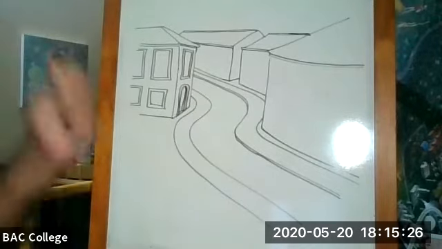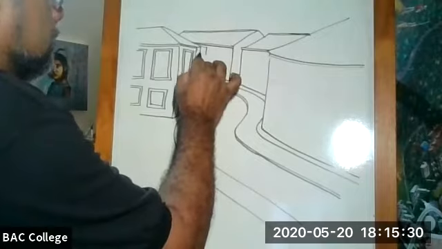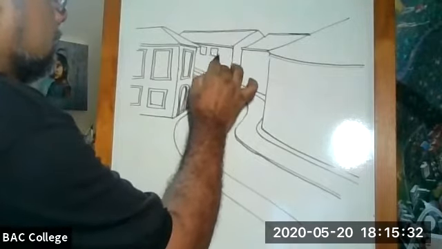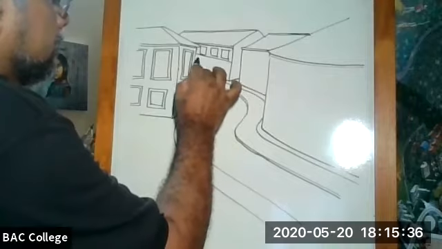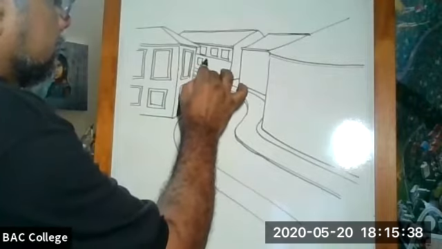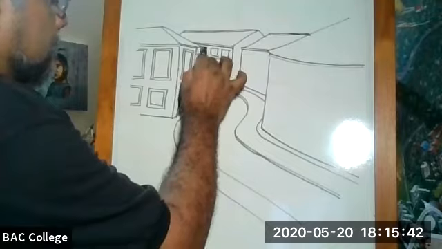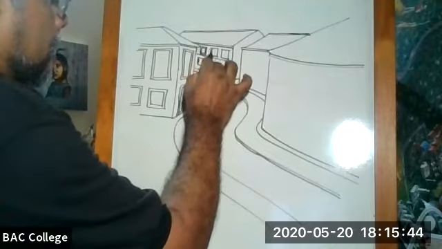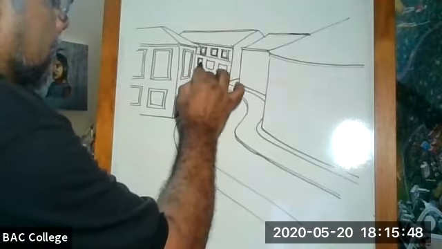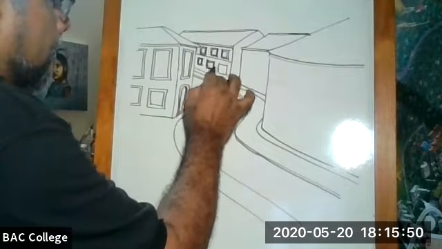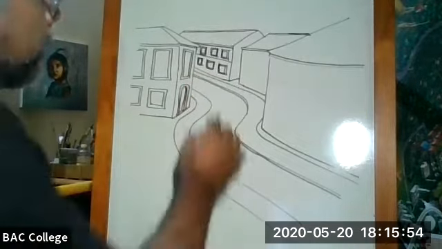Okay, all right. And then here also you can draw a whole lot of windows. And then you can draw your window frame, and then you can draw the window panes.